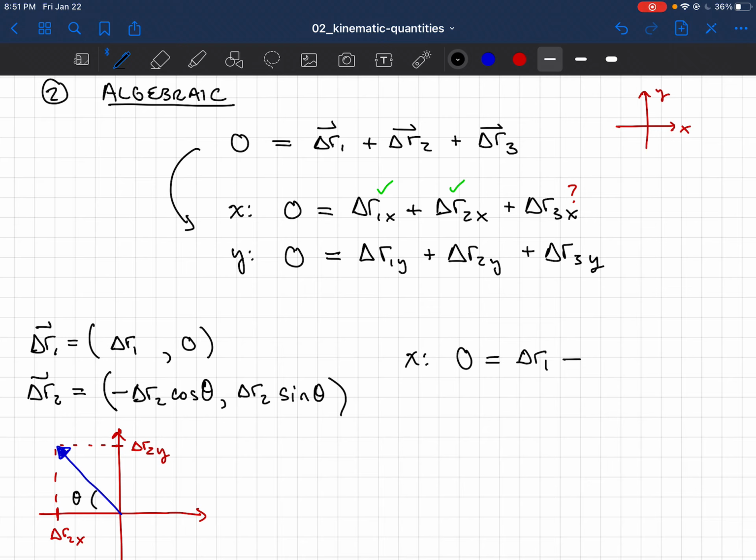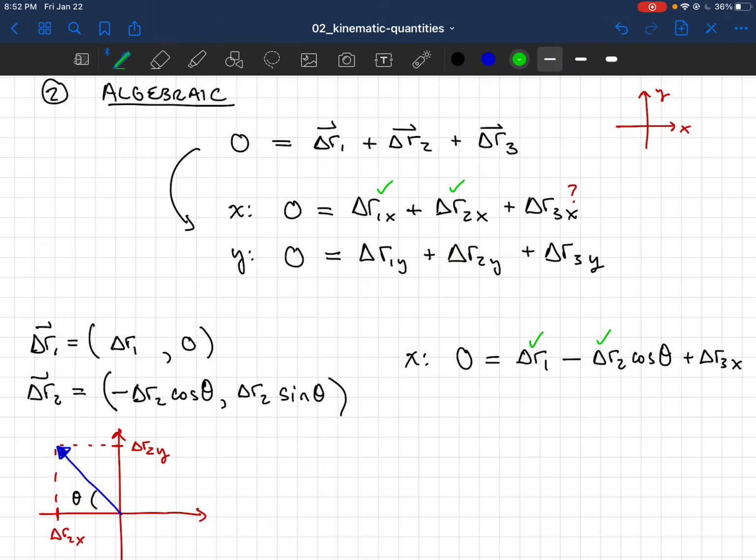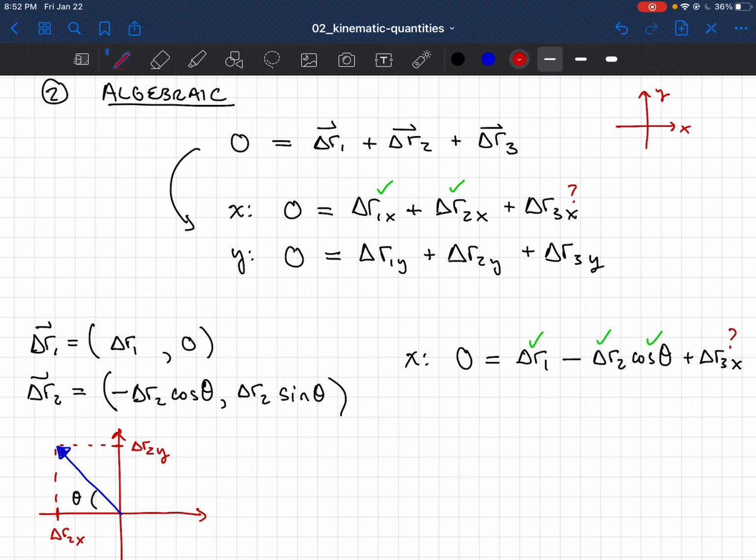So if we add that, it's going to be minus delta r2 cosine theta. And delta r3x is an unknown. So we leave it as an unknown. Just keeping track of what is known, those are all known because they're just numbers that were given to us, and this is the unknown. So you can see that you can solve immediately for delta r3x now.